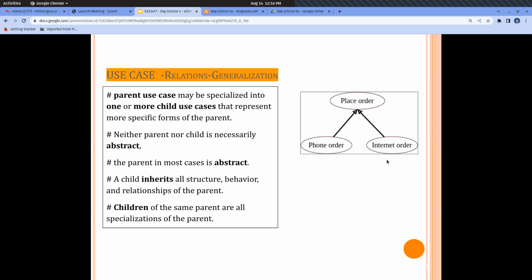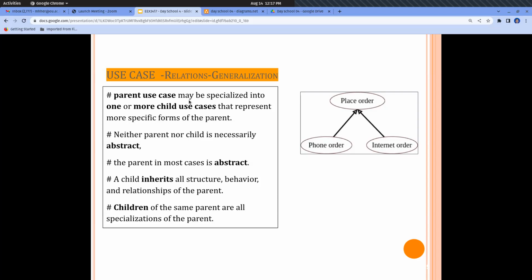Phone order and internet order. A customer can order by phone or through the internet. The relationship between place order and the phone order and internet order is called generalization. The generalization sign is an arrow like this, not a dotted line, a direct line.